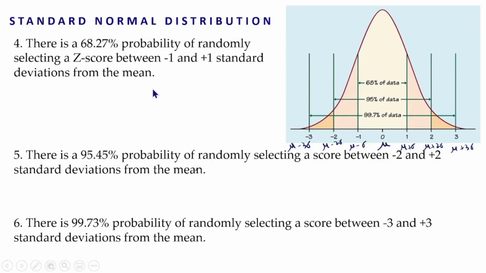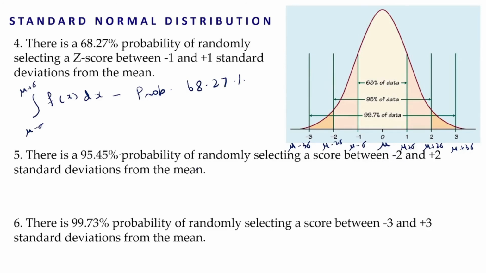Now here, this 68.27% is nothing but the integral from mu minus sigma to mu plus sigma of f of x dx. This has probability 68.27%. So the area from mu minus sigma to mu plus sigma of f of x constitutes 68.27%, or there is a 68.27% probability of selecting a z-score from -1 to 1.